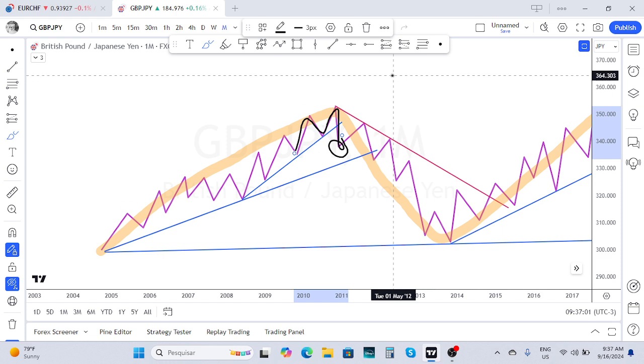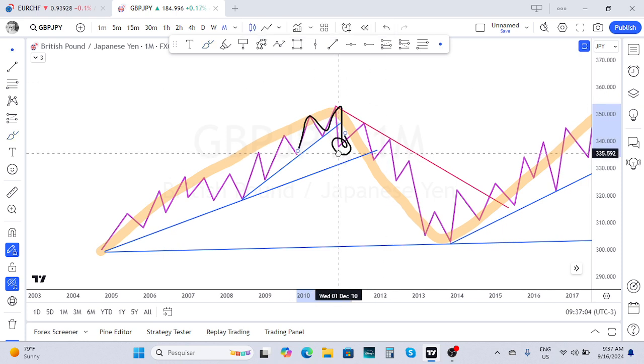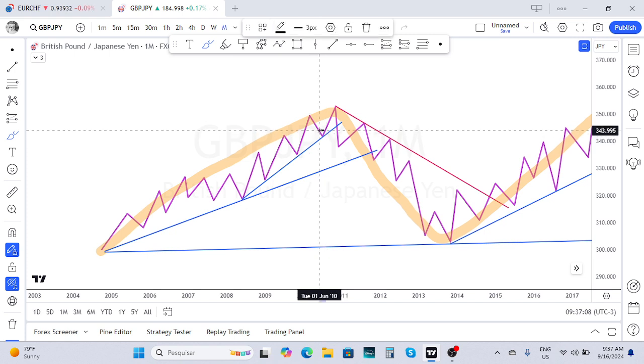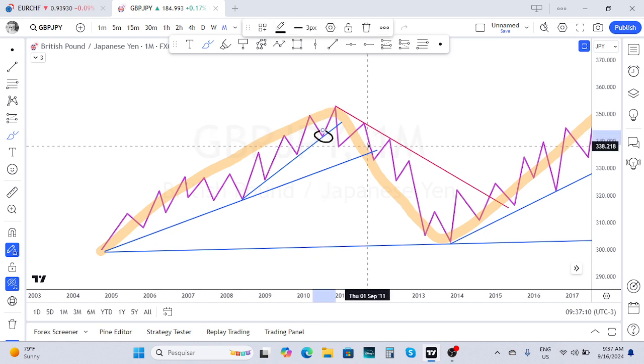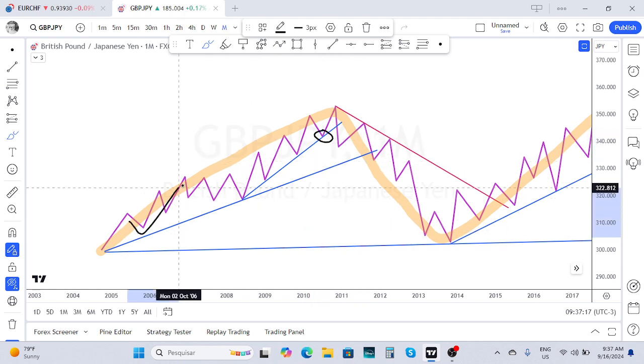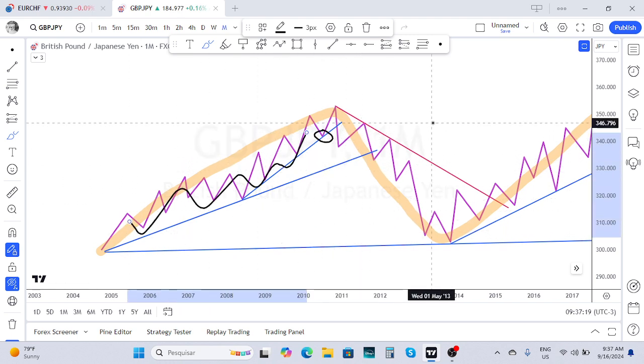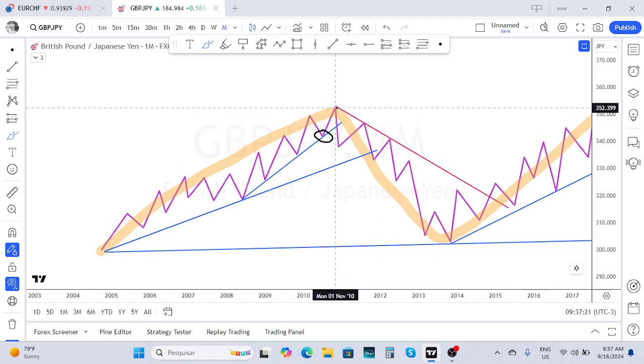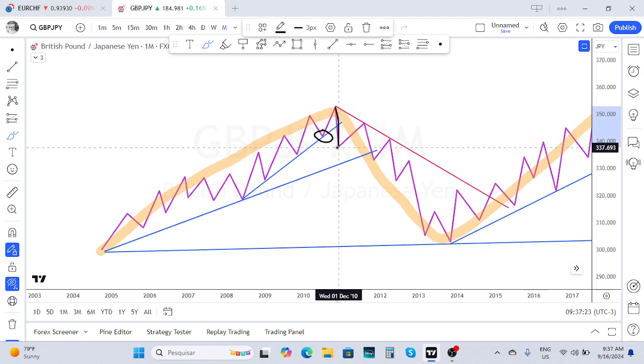All right, so once the market makes this lower low here, okay, breaking this higher low at this level, what does that mean? It means that we are no longer in this uptrend that we are seeing. All right, it's no longer valid, because right now the market just made a lower low right here.